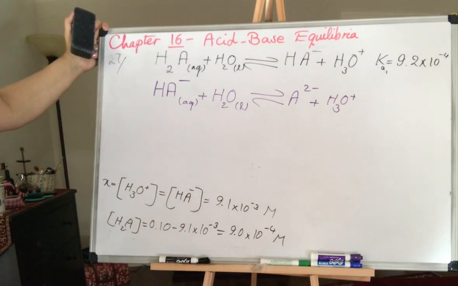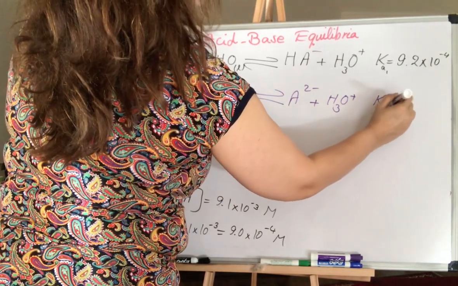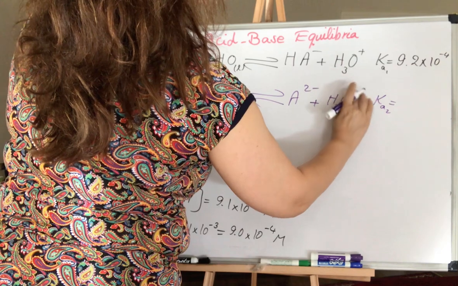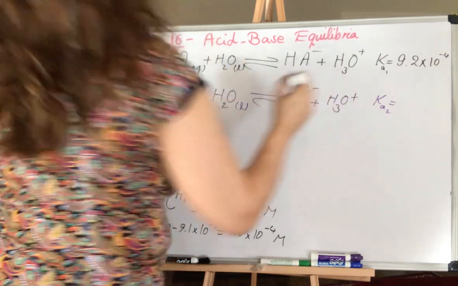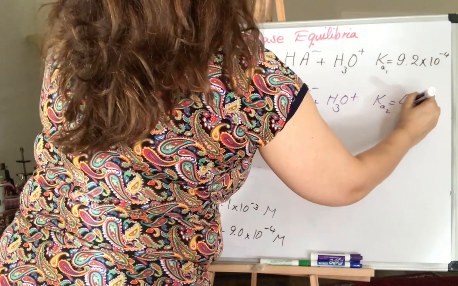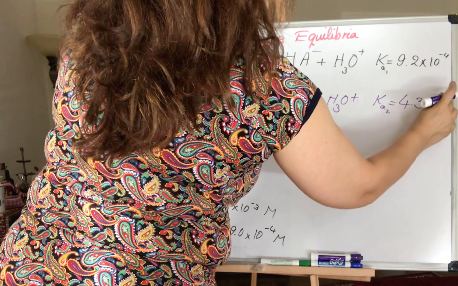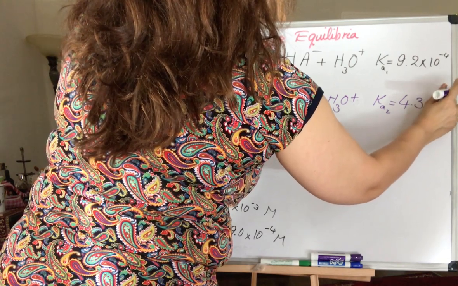Okay? Now, what was Ka2? That's why you are given two Ka values. You see, in the question you had Ka1 and Ka2. Ka2 is 4.3 times 10 to negative 5. And by the way, you learned something here.